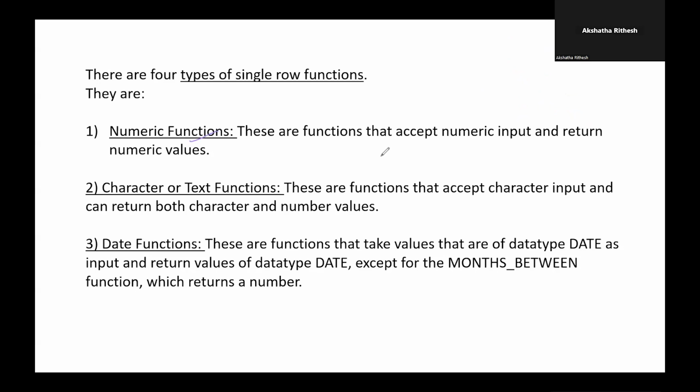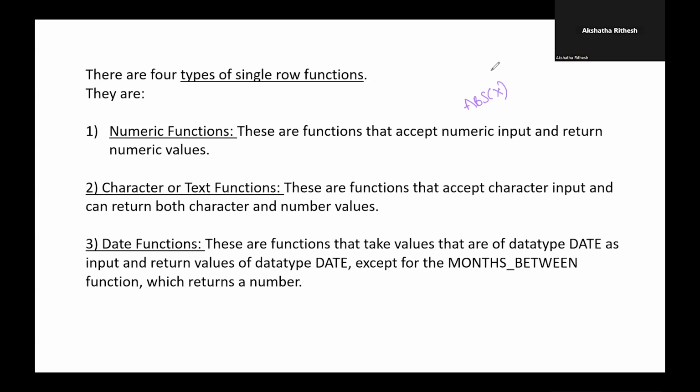What are numeric functions? These are functions that accept numeric input and return a numeric value. So it's all about numeric functions, where we will see the different kinds of numerical operations we are expected to do. For example, absolute value of x. Suppose we have a certain value x, which is any attribute we are taking, from a certain row.